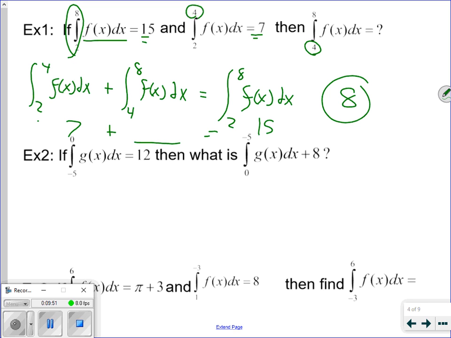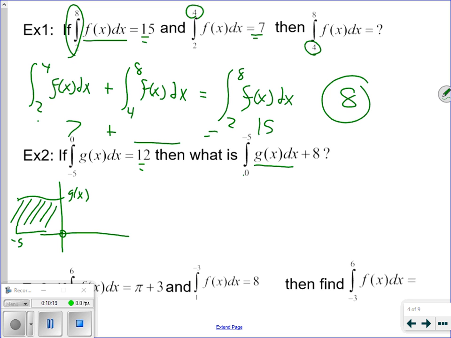All right, look at this one. It says we're going from -5 to 0 of g of x is equal to 12, then what is 0 to negative 5 of g of x plus 8? Okay. Well, here is from negative 5 to 0 of g of x, going in the positive direction.